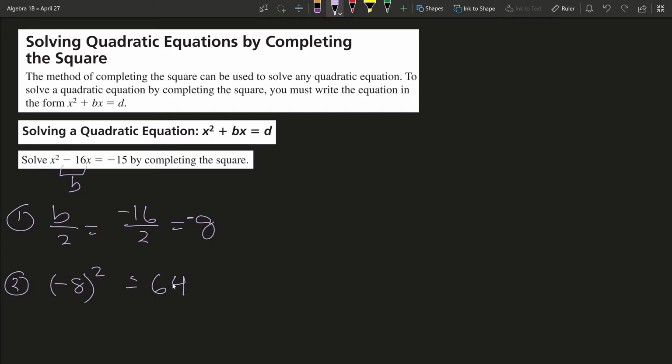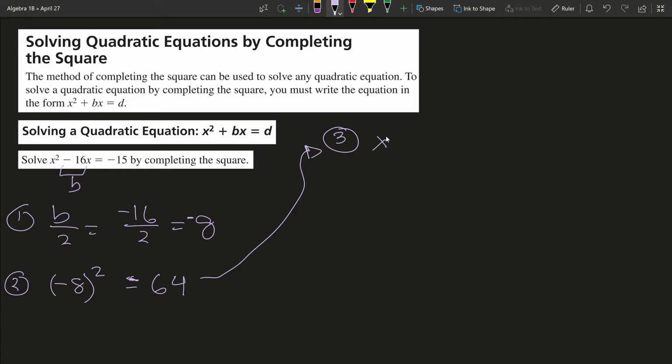But in this case, we're not going to necessarily use 64 the whole time. So keep it like this. Keep the negative 8 squared. And remember, after this, what we're going to do is, let's do it over here. So our next step is to plug this back into our original equation.